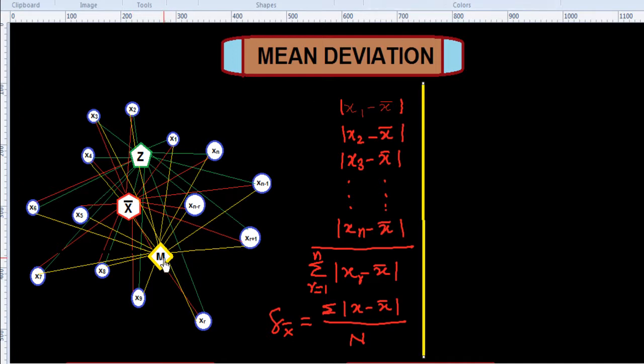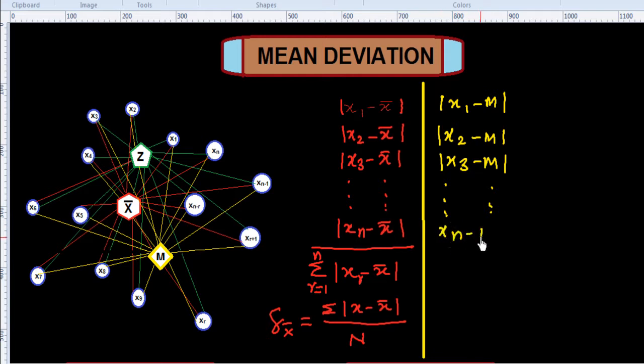From the median we take x1 minus m, the absolute deviation, then x2 minus m, mod of x3 minus m, and so on. We get xn minus x m, and we take the summation of all of these the same way.